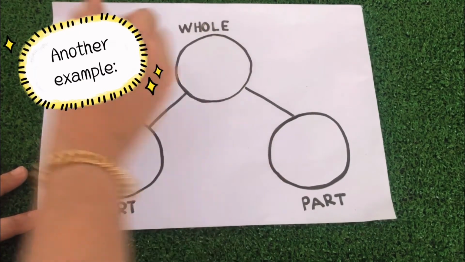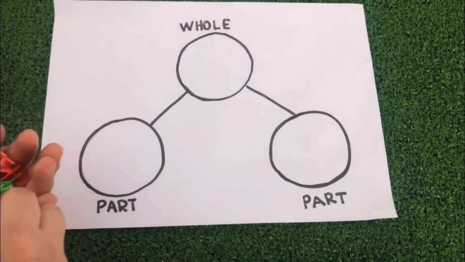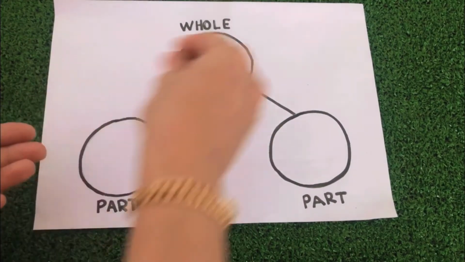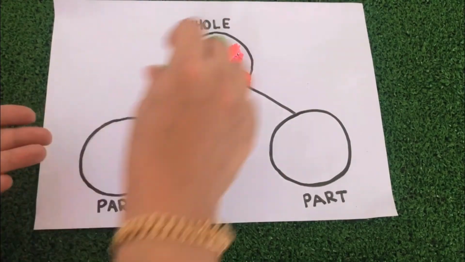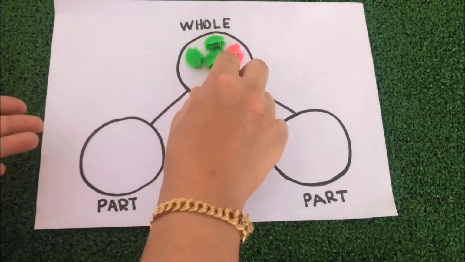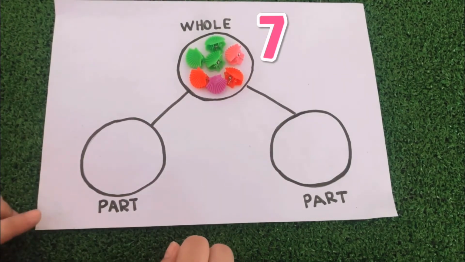Now I'm going to show you another example where we have a whole of 1, 2, 3, 4, 5, 6, 7. Whole of 7.